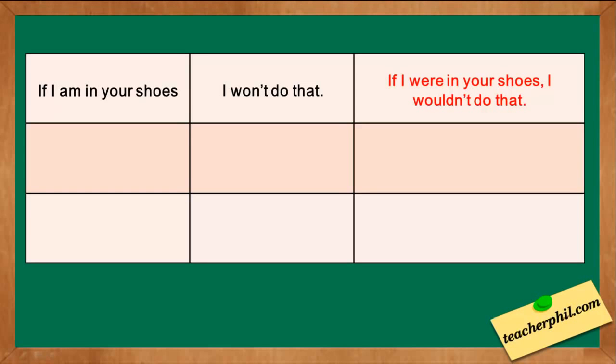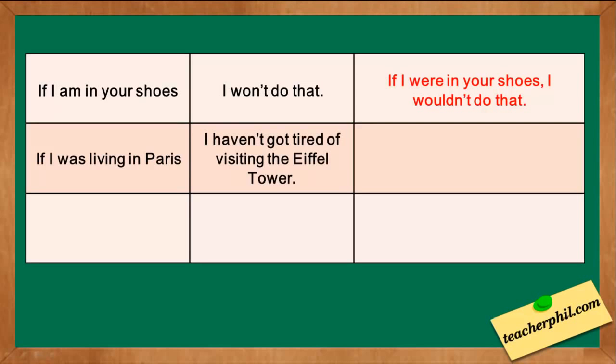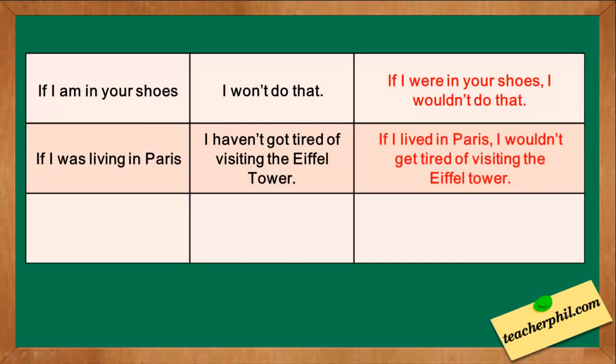The fourth one, if I was living in Paris, I haven't got tired of visiting the Eiffel Tower. The answer is, if I lived in Paris, I wouldn't get tired of visiting the Eiffel Tower.